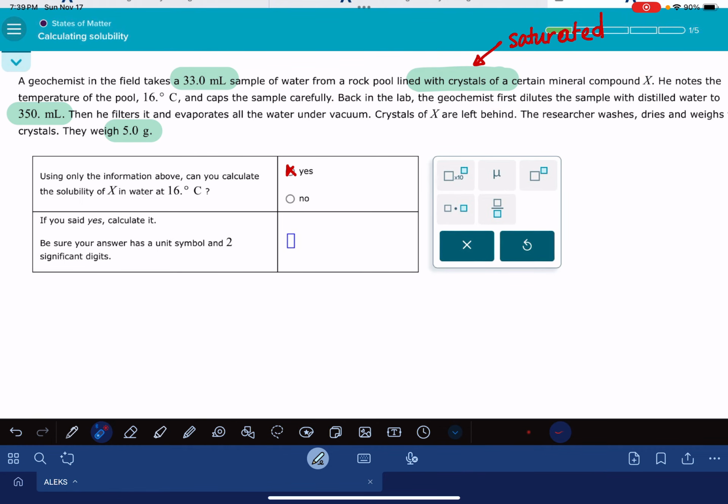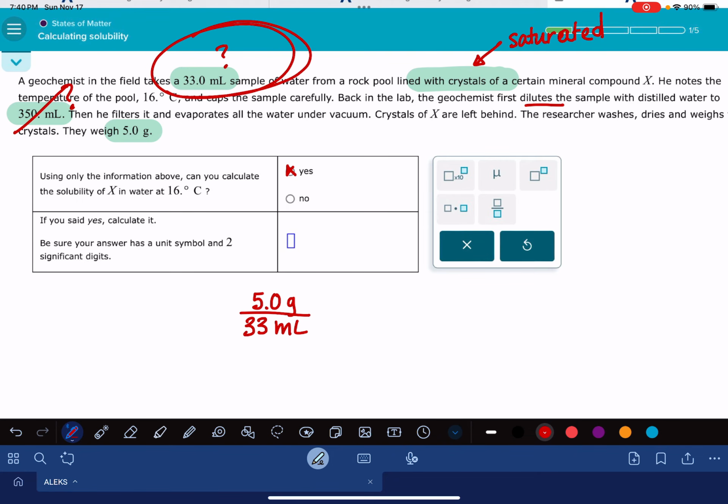We definitely have a mass of 5 grams, there's no doubt about that, but we have two different volumes that we have to deal with in this problem. We have 33 milliliters and then we have 350 milliliters. The volume that we want to use is the original volume, the 33 milliliters. We do not want to use the dilution with distilled water, because when we dilute that sample, we are probably turning it into an unsaturated solution.